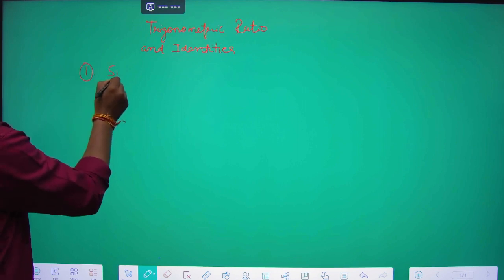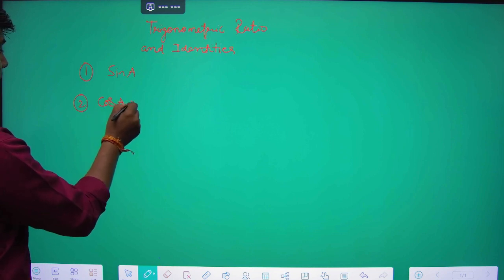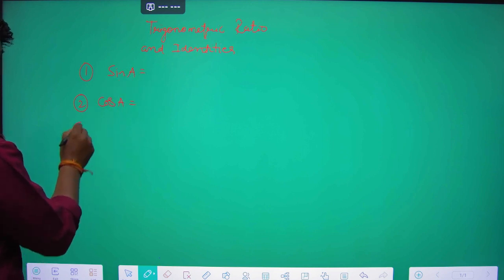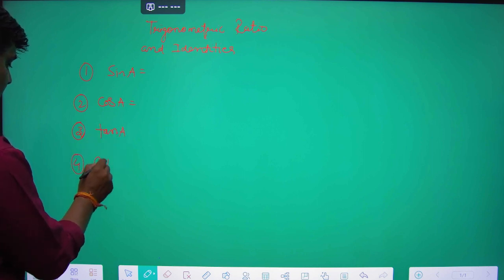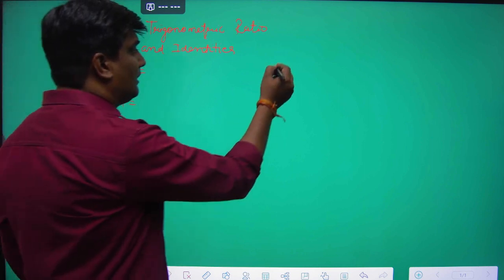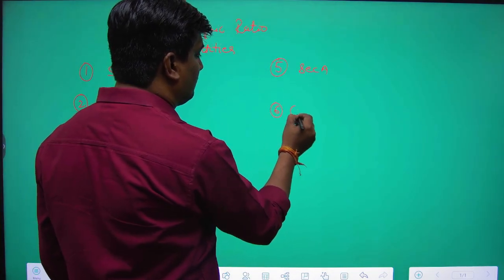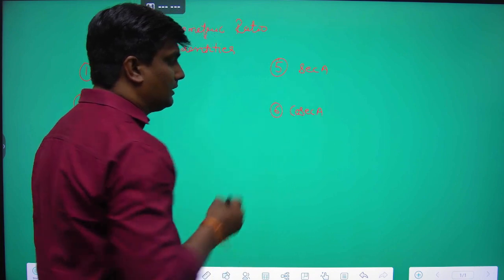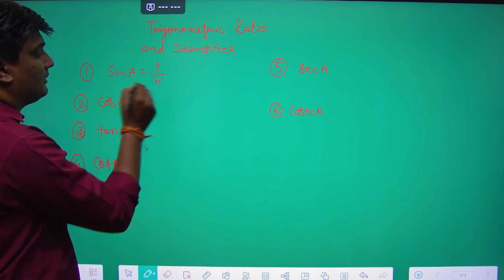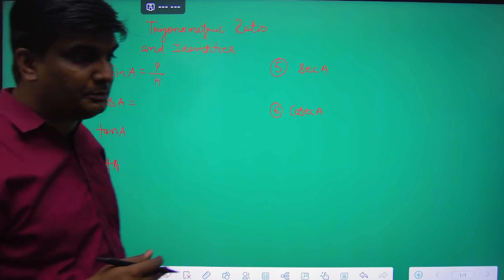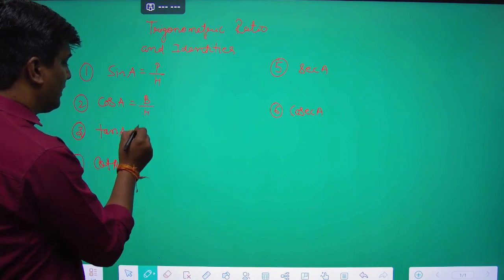The first is sin A, and the second is cos A. Now the third is tan A, and the fourth is cot A. The fifth is sec A, and the sixth is cosec A. Now sin A is equal to perpendicular upon hypotenuse, and cos A is equal to base upon hypotenuse.